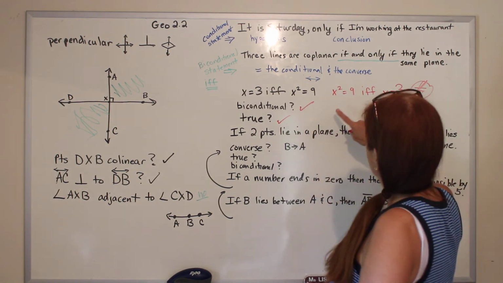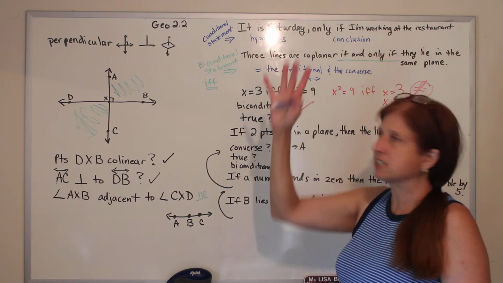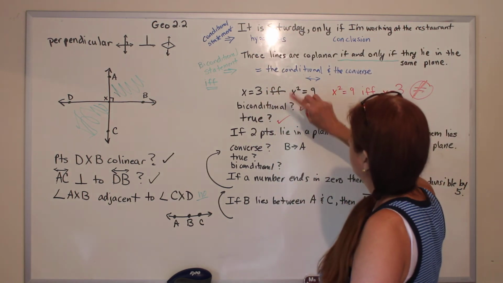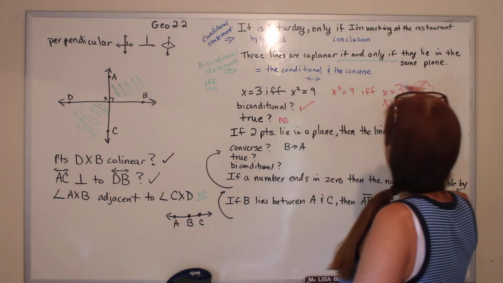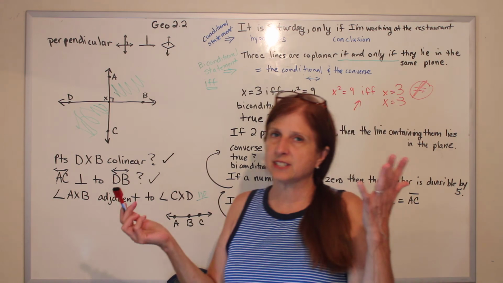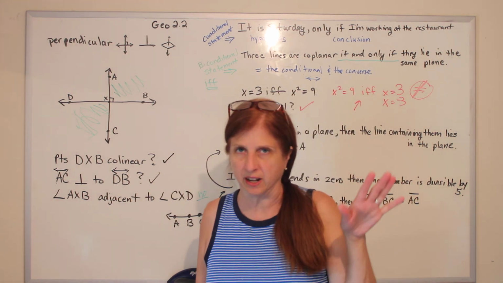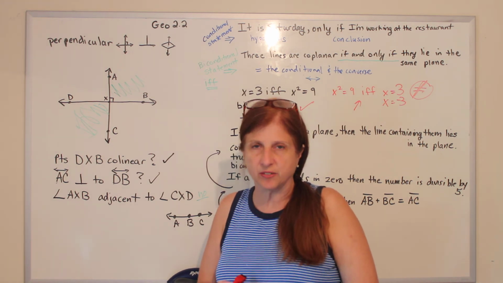So is it biconditional? The book says yes, just because it said "if and only if." Is it true both ways? No, because if you flip it, it's not true. So we're not really going to worry about true right now, okay? Don't worry about true. Just know that biconditional is "if and only if."